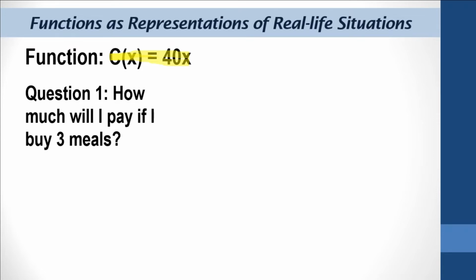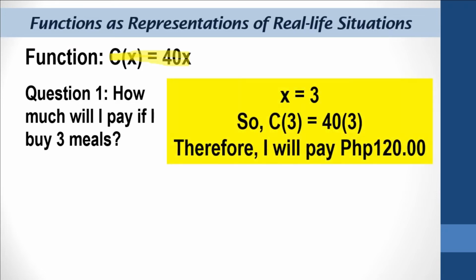Okay, so let us use our function. Since x is equal to 3, remember that our x is the number of meals, right? Tapos, nandito sa ating question na we buy 3 meals. So, x equals 3. Therefore, C of 3, so napapansin natin yung x natin dito, naging 3 na siya. Kasi 3 yung given sa ating question.